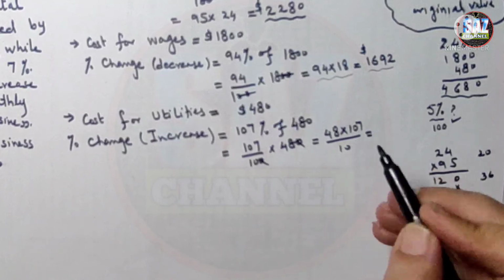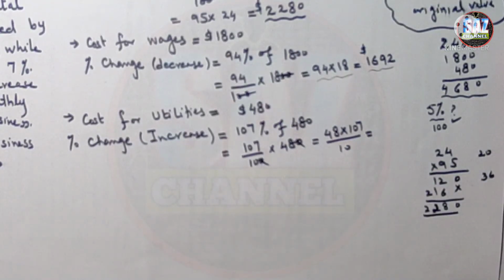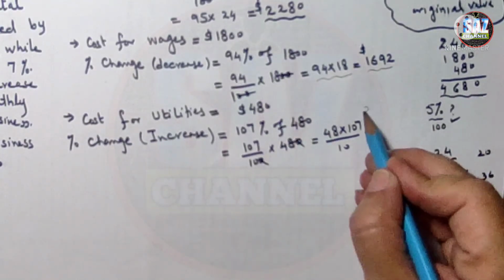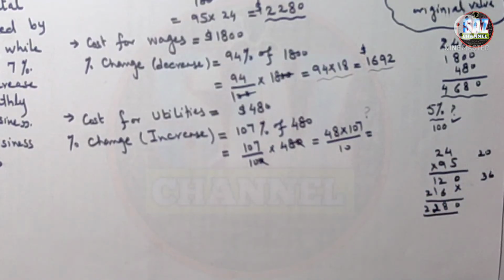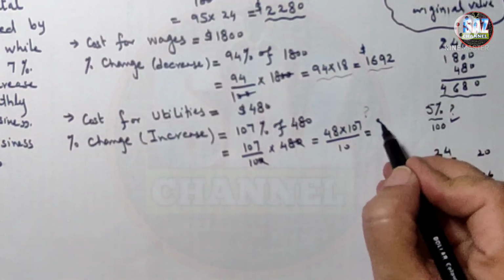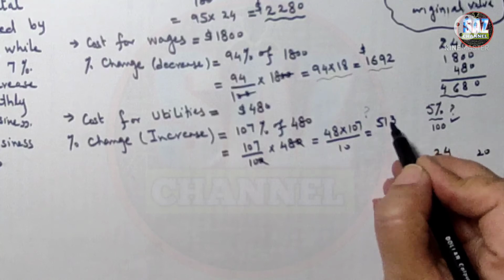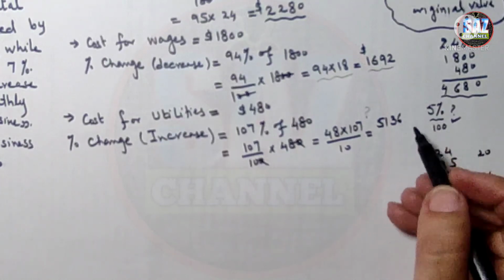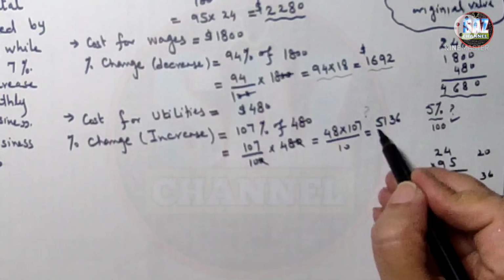And again, here I'm leaving the calculation for you to do mentally, and I will be checking this working on your notebooks. 48 times 107 is 5,136 upon 10.